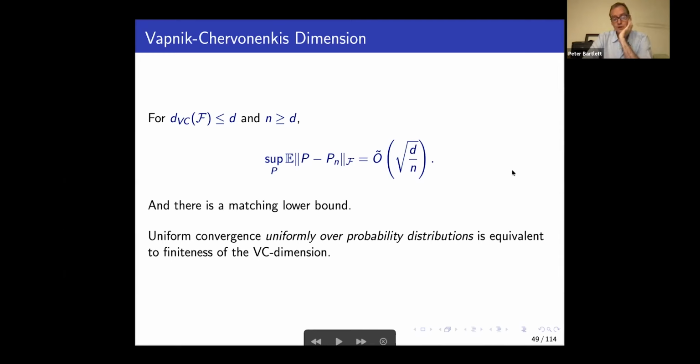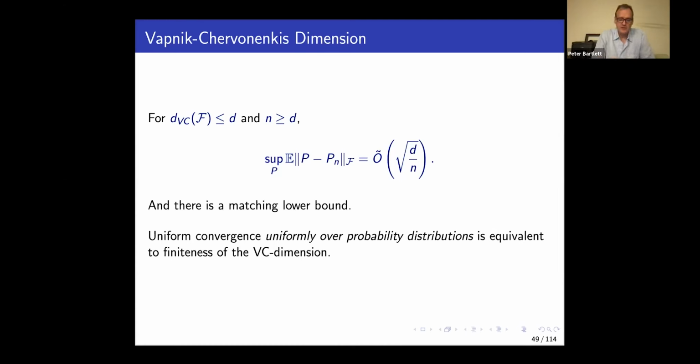But you can also show that if you wanted the empirical risk minimizer to perform well for all probability distributions, then finiteness of the VC dimension is also necessary. So there is a probability distribution for which the empirical risk minimizer is going to perform badly in the case of infinite VC dimension.